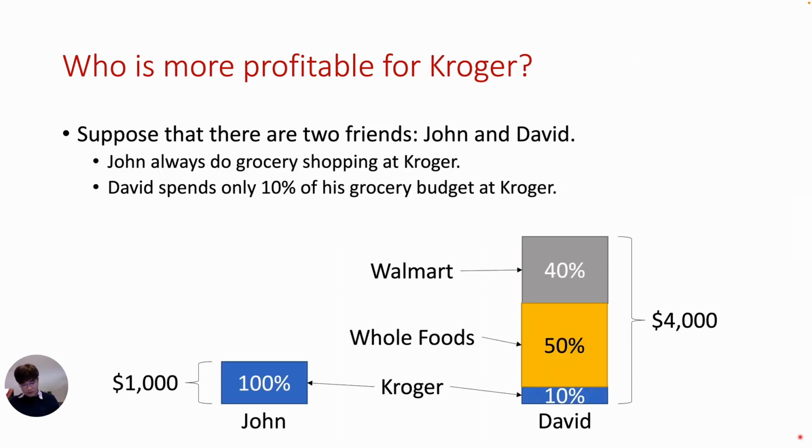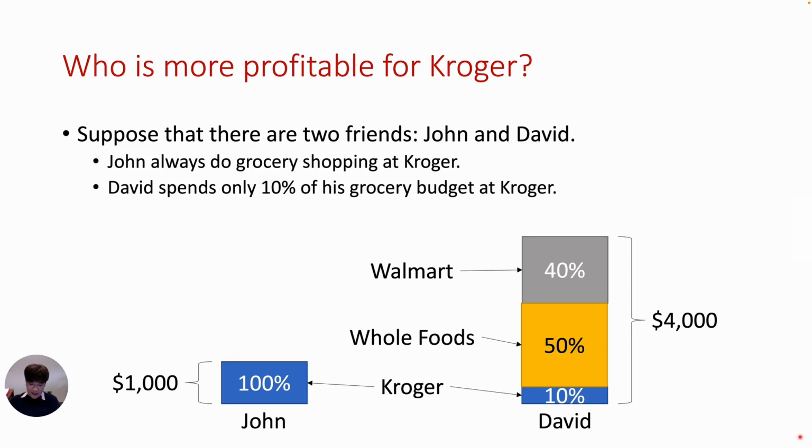But how about this? John always does his grocery shopping at Kroger near his house, whereas David usually shops at Whole Foods and Walmart as well as Kroger and spends only 10% of his grocery budget at Kroger.